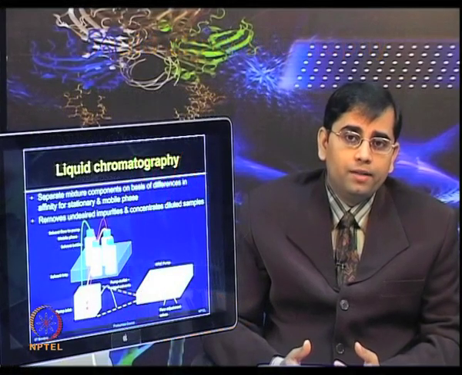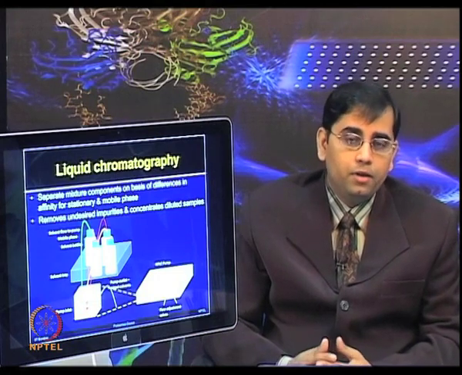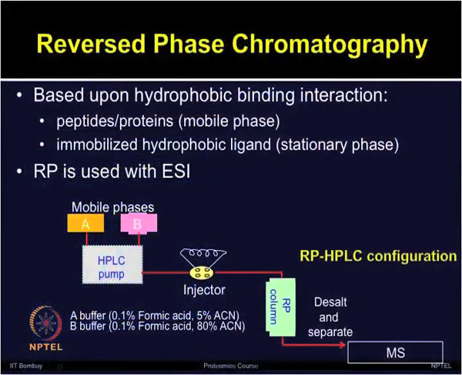Different solvents can be placed in the solvent bottles depending upon the purification requirements. Let us first talk about reverse phase, RP, chromatography. Reverse phase chromatography is based upon the hydrophobic binding interaction between the peptides or proteins in the mobile phase and the immobilized hydrophobic ligands in the stationary phase.